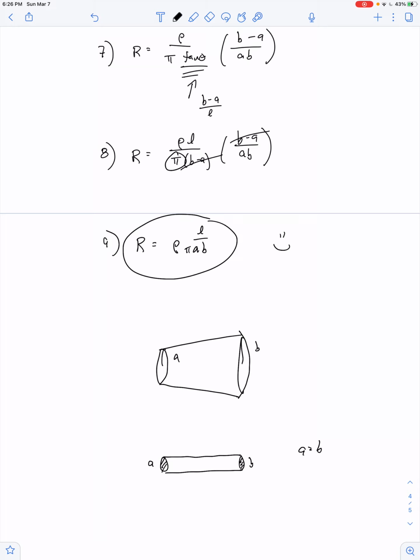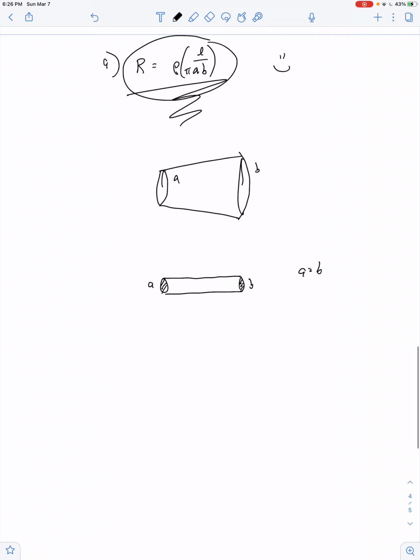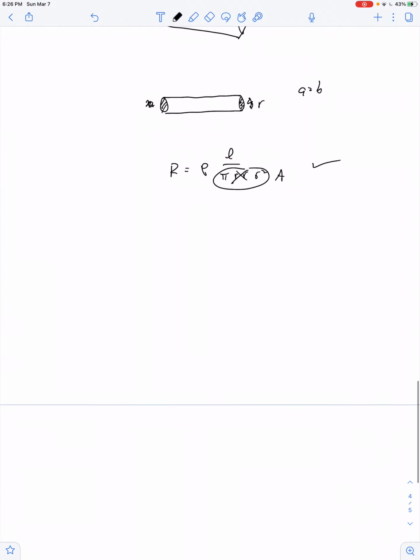My bad. Okay, fixed that. Anyway, if A and B are equal, then we might as well just call them R. And the resistance is equal to rho times L over pi AB, or pi R R, or pi R squared. Pi R squared is just the cross-sectional area of a circle, and we get R equals rho L over A, just like we would expect. So, yeah, that seems to be the case. If a resistor were in this bizarre shape, the resistance would be equal to rho times L over pi times AB.